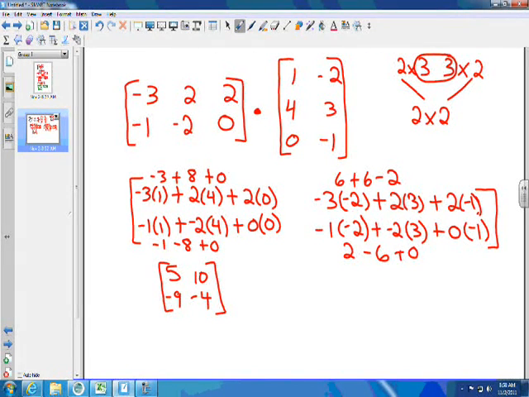Yes, you must have done the bottom row with this number over here. You have these two switched up here? Column 2. Yeah, so you got to follow the order. Questions on that?